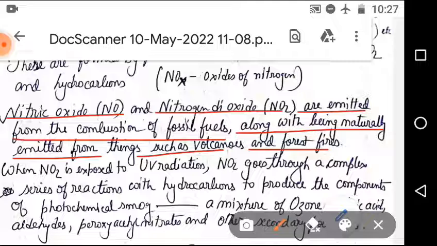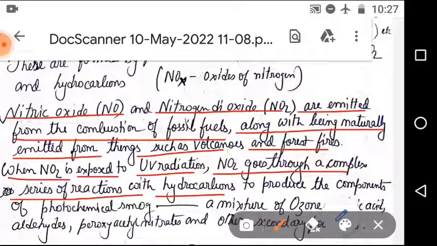Now, when this nitrogen dioxide is exposed to UV light, it goes through a complex series of reactions with the hydrocarbons and produces the components of the photochemical smog. Here we are specifically focusing on nitrogen dioxide.